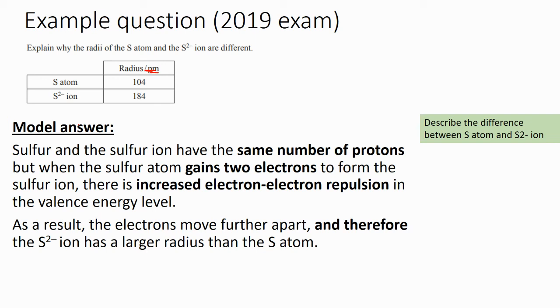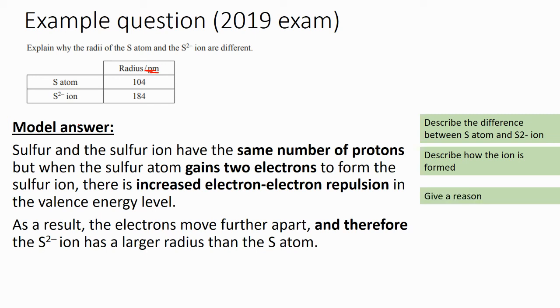So in this answer, you needed to describe the similarities and differences between the sulfur atom and the sulfide ion. They have the same number of protons. You would include how the ion is formed, in this case, it gained 2 electrons. You need to give the reason that the radii are different, which was increased electron-electron repulsion, and then link it together and say, therefore, that's why the ion had a larger radius than the atom.